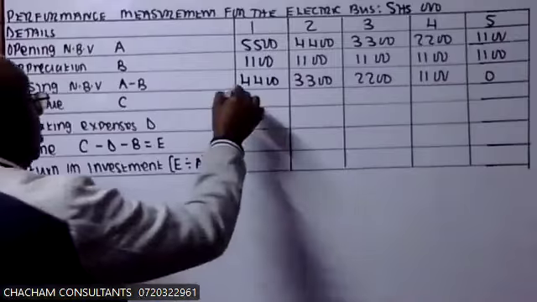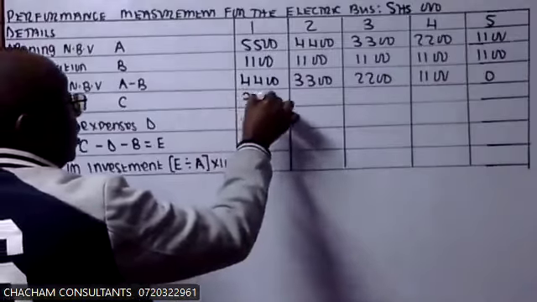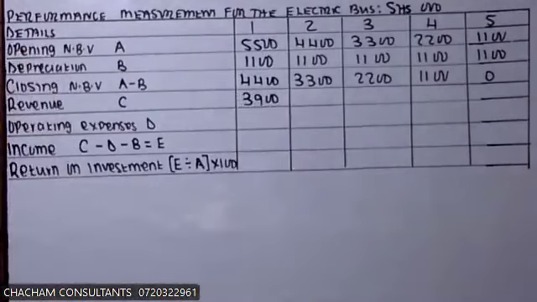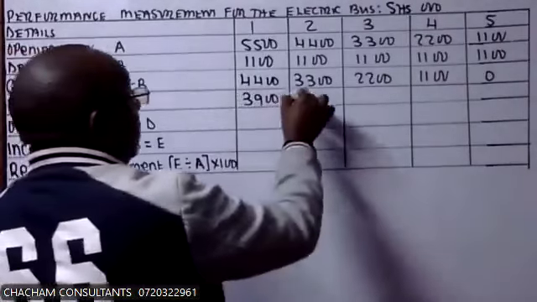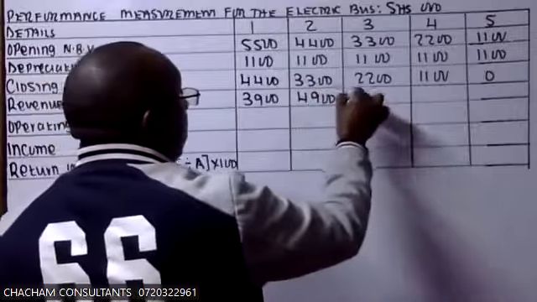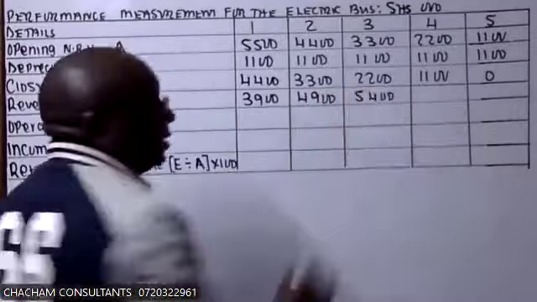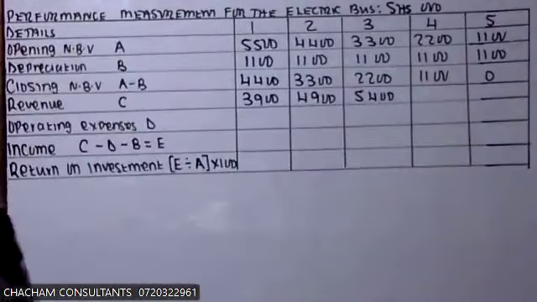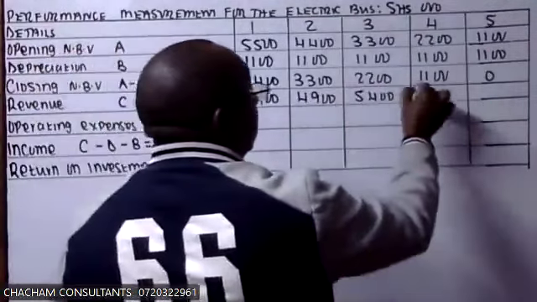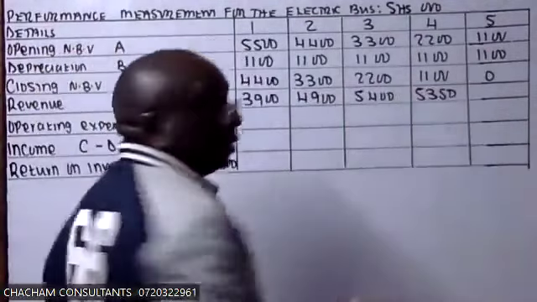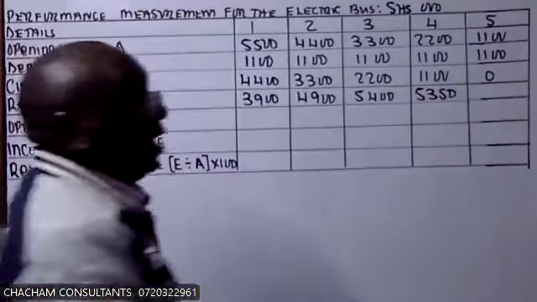Revenue, that 900, 4,900, 5,400, 5,350, 5,950.